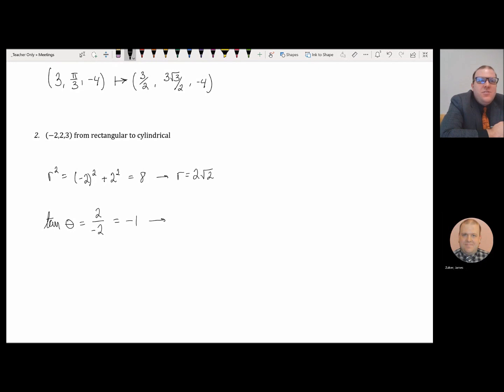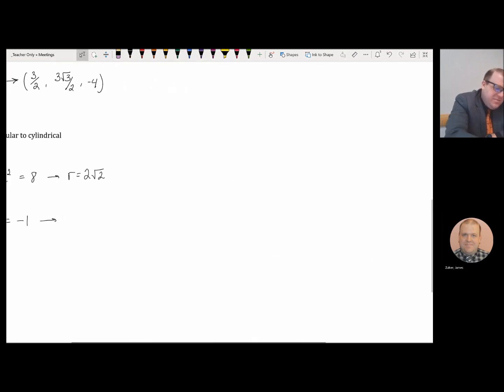How are we going to get to the second quadrant? Call that theta prime. That's what it's going to give us. You just add pi, right? Because the angle we want is that one.